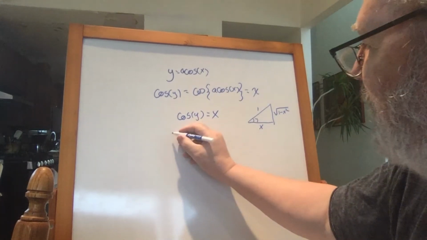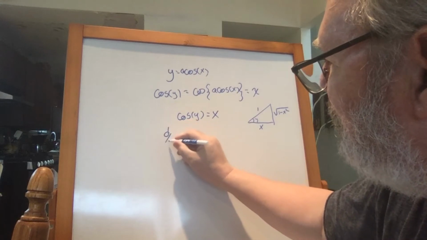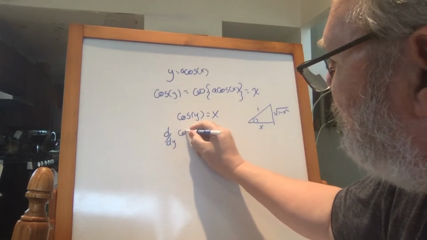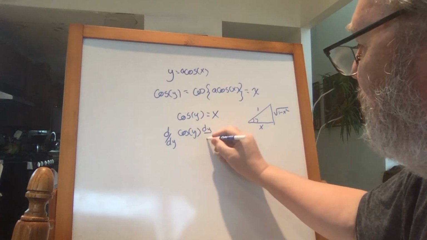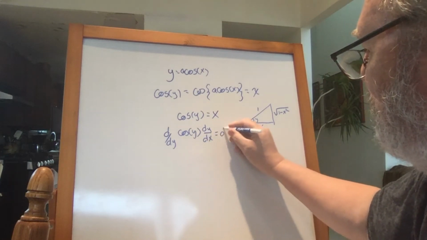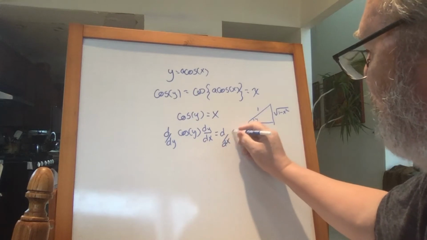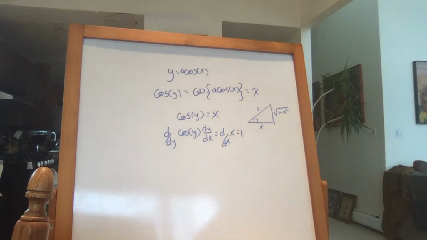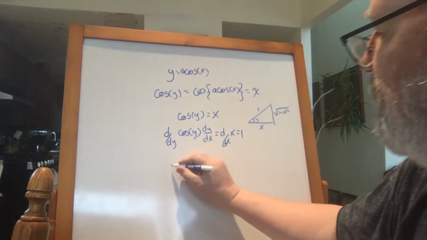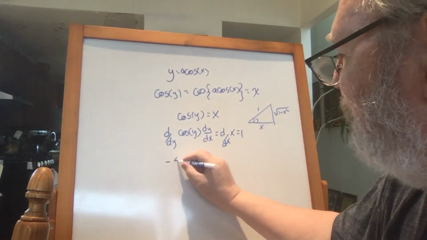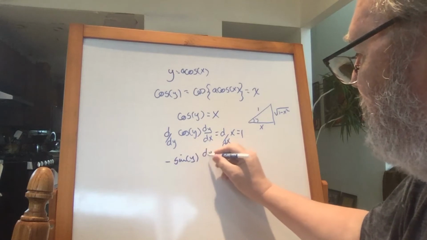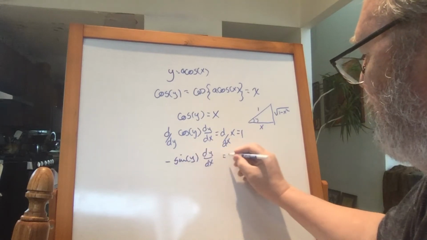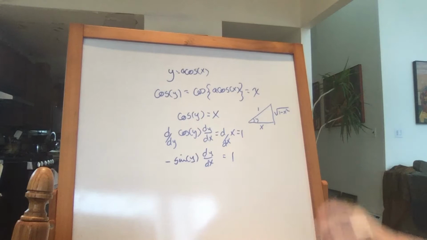And now you apply the chain rule, d dy of cos y, dy dx equals d dx of x equals 1. And this is minus sine of y dy dx equals 1. Now the sine of y is this over that.